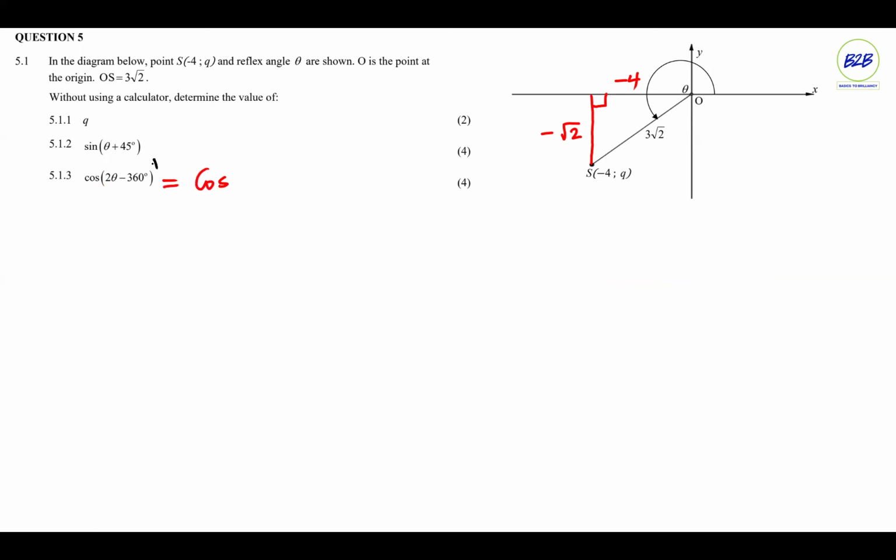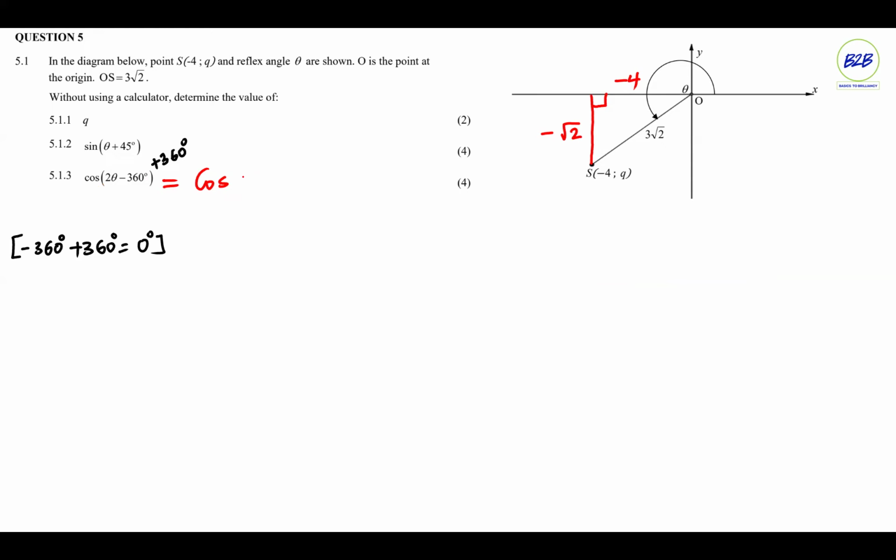We said we add 360 degrees. So if we have a numerical angle that is negative, in this case negative 360, we must then add 360 so that it becomes positive. Then we get 0 degrees, and we are happy with 0 degrees.